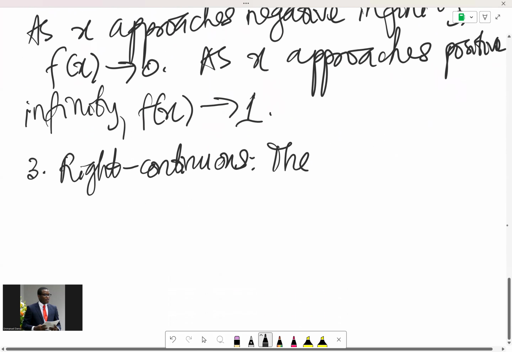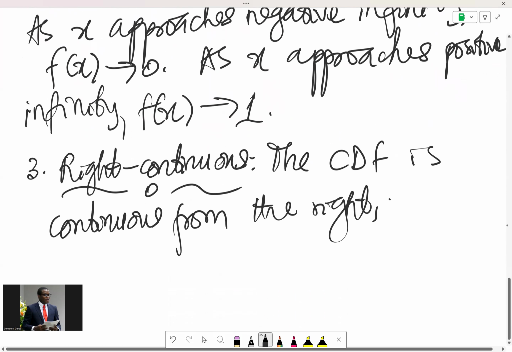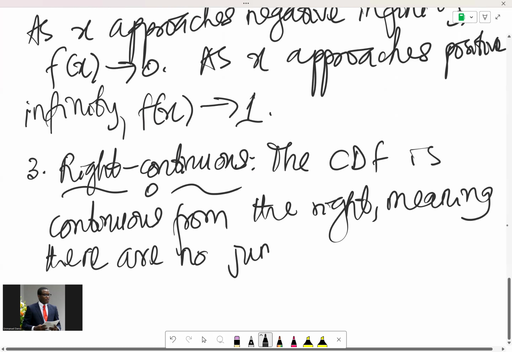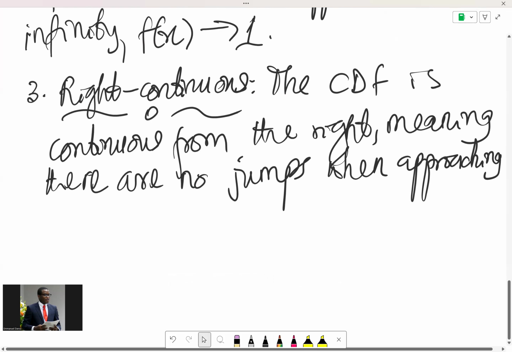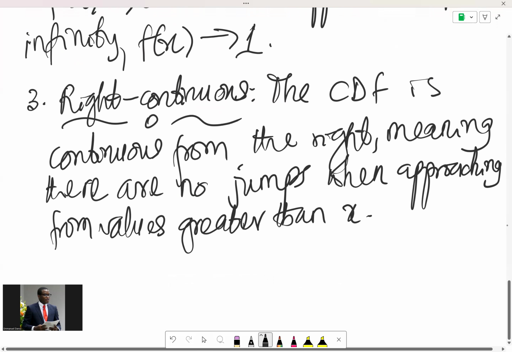The cumulative distribution function is continuous from the right, meaning there are no jumps when approaching from values greater than x. So it is right continuous.